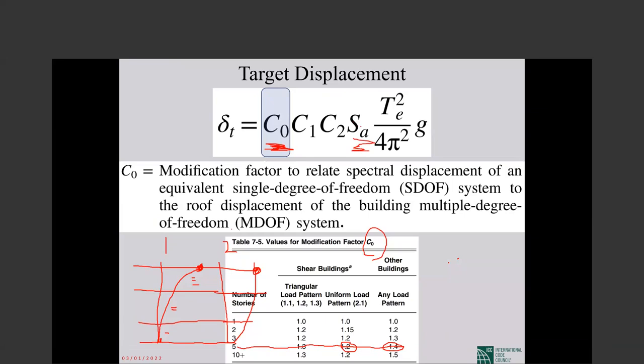They gave us the earthquake, we gave the maximum displacement of the top of the building if the building is elastic. And this coefficient wants to take care of the inelastic to elastic difference.